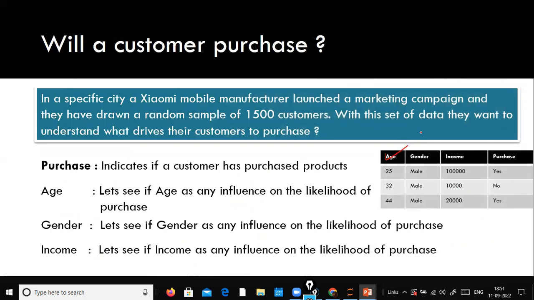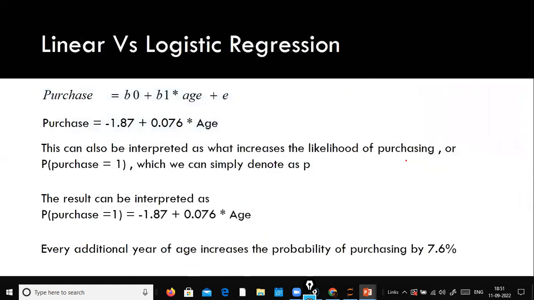Let's say you work for the largest mobile phone retail chain, and they want you to predict whether the customer is going to buy this specific brand or not, based on age. For the sake of simplicity, I have taken only one independent variable. In this case, age is the independent variable. This is my slope and this is my intercept.